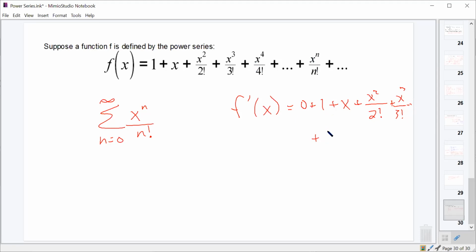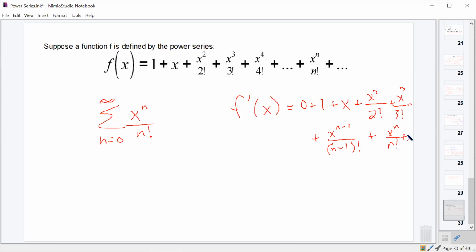That should become x to the n minus 1 over, well, the n will cancel with that n, n minus 1 factorial. What would the next term be? Should be just x to the n over n factorial.